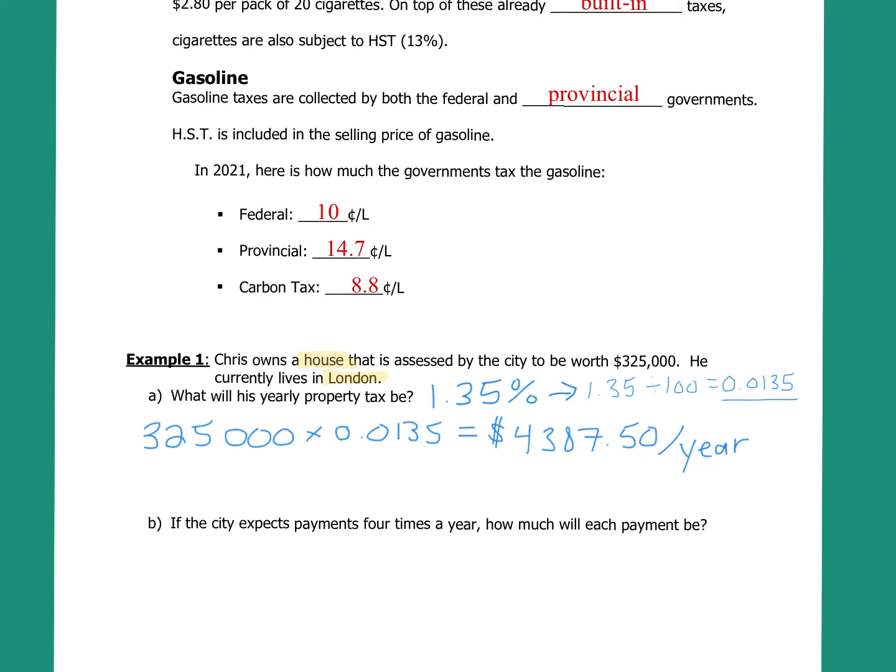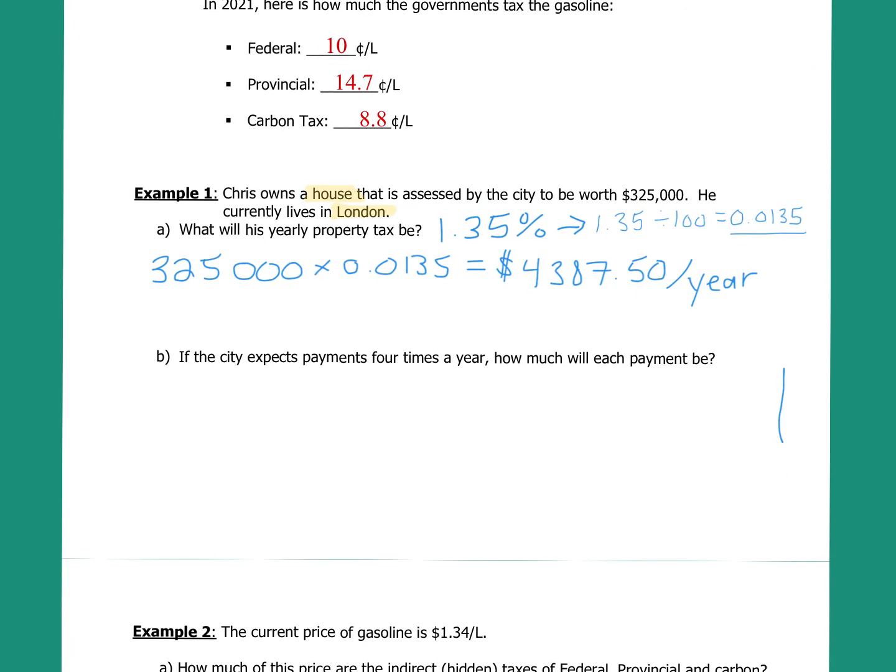If the city expects payments 4 times a year, so that would be quarterly, how much will each payment be? We're now just going to want to figure out his quarterly payments, and we'll do that by dividing by 4.